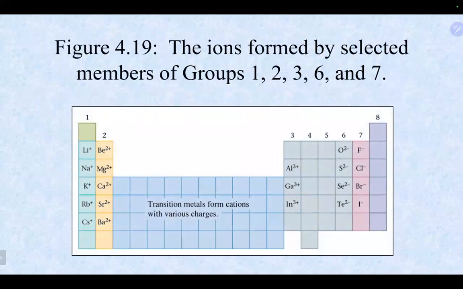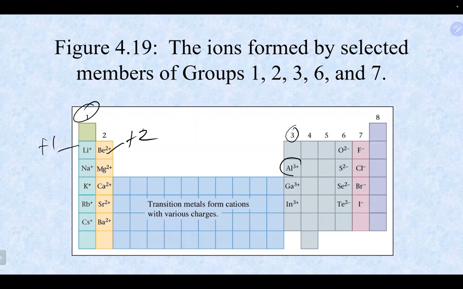So as I mentioned, not everybody will have a charge if they're by themselves, but when things do form charges, there are certain things that have fixed charges, and you should be aware of that. So pretty much everybody here in group 1 will form a +1 charge. Everybody in group 2 will form a +2 charge.